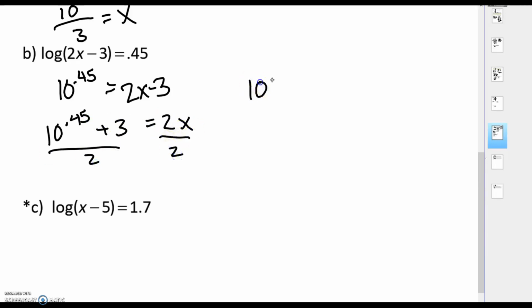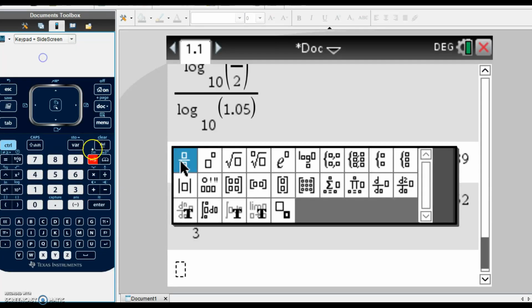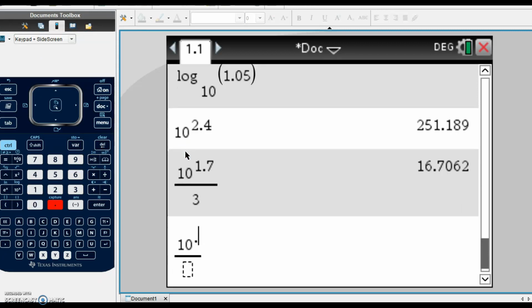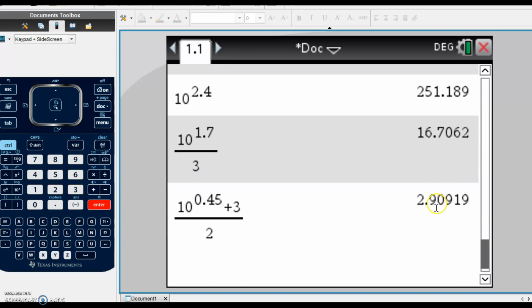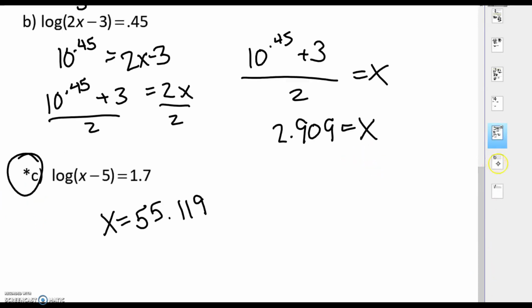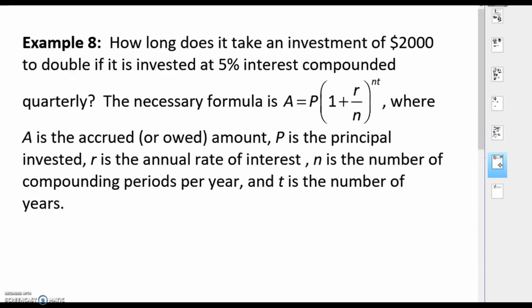So I get 10 to the 0.45 plus 3 divided by 2 is equal to x, which when we put that into our calculator gets me 2.909. So 2.909 is equal to x. I want you guys now to solve C on your own. So we get 55.119.